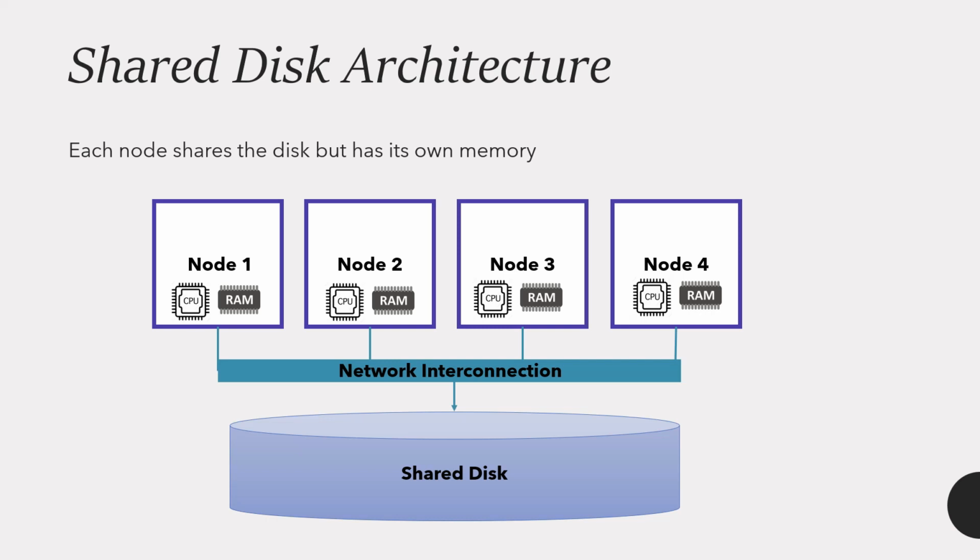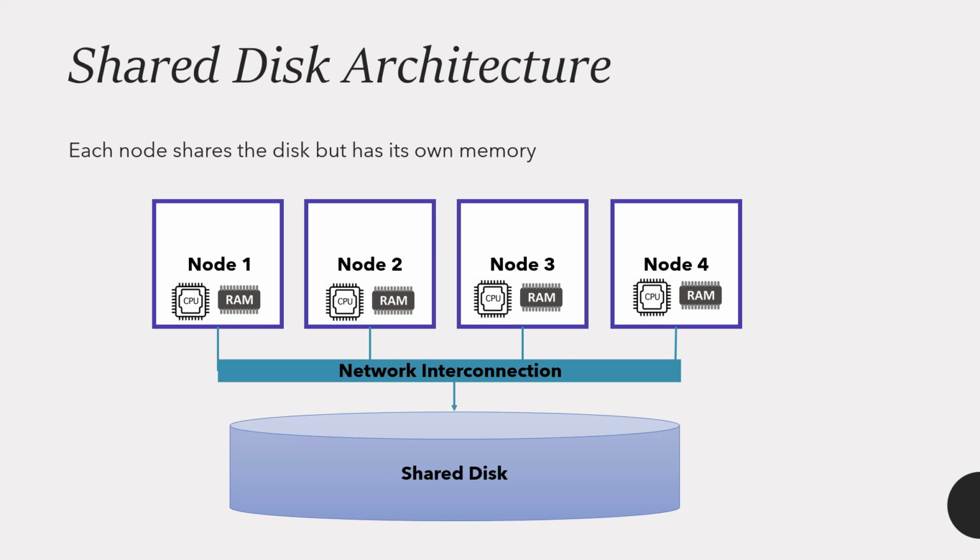So first of all, what is a shared disk architecture? Initially there were architectures known as shared disk architectures, where each node shares the disk and has its own memory and CPU. It's still a type of distributed system where you have multiple nodes connected via a network interconnection.